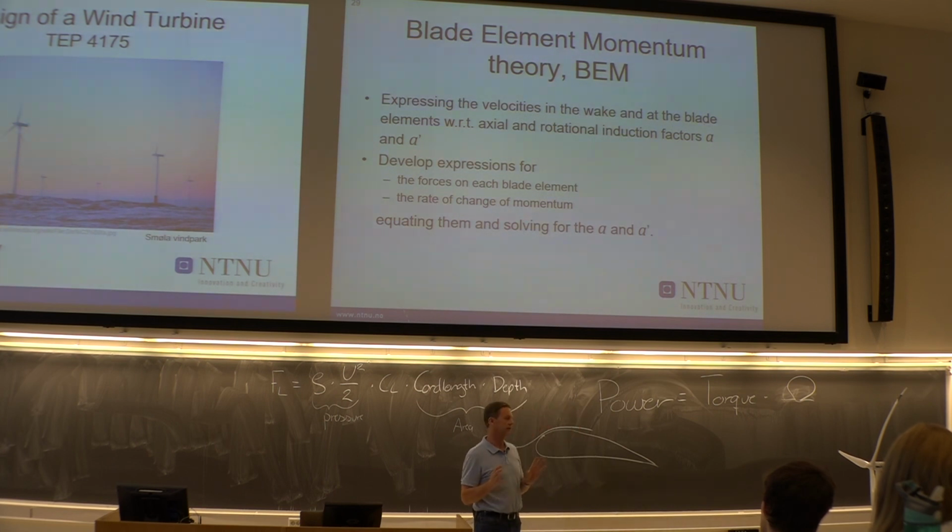It's logical to think that the wind velocity when it approaches the turbine will slow down a little bit because this turbine surface has a higher pressure. So we have an induction factor in the axial direction, which is actually reducing the velocity we have here. And that's the a.